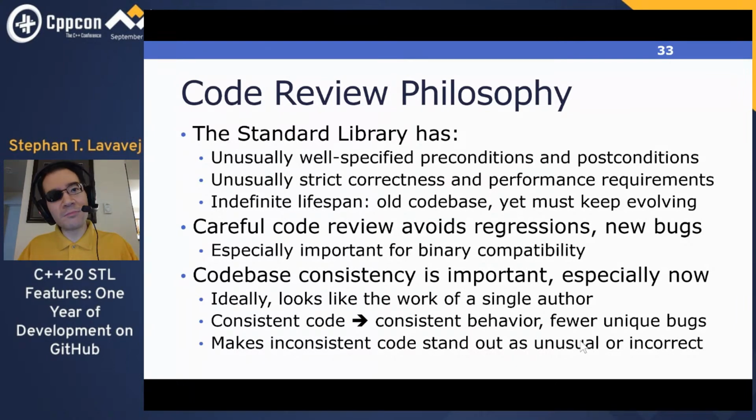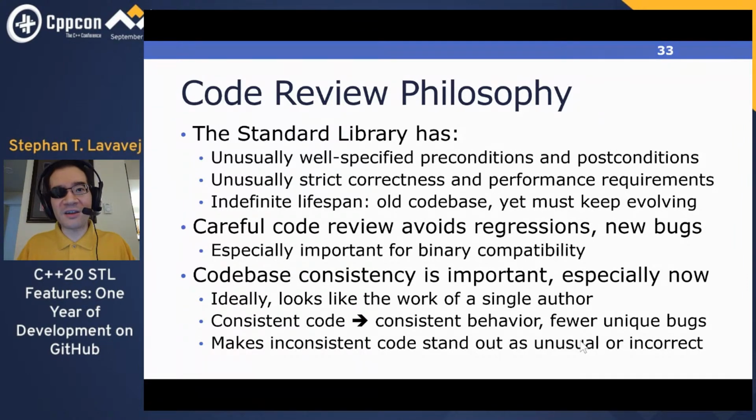If you look at our code, it mostly looks like it was written by a single person. And this has a lot of benefits. It means that as you write a new feature, you can look at existing features for precedent and follow what they're doing. Now, you never want to mindlessly copy paste something, but if you follow its precedent with your eyes open, you can end up writing code that correctly handles unusual cases like, oh, okay, what if I've got a container that sets the propagate on container copy assignment type trait to true?